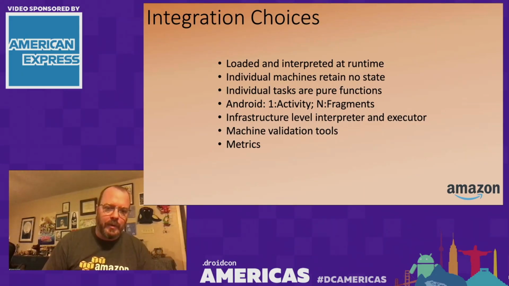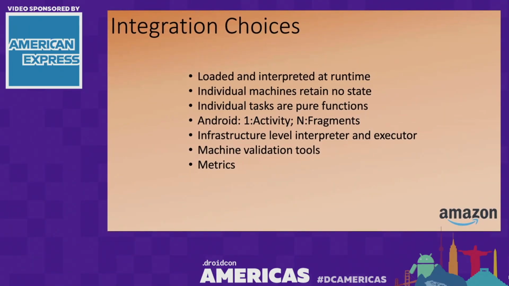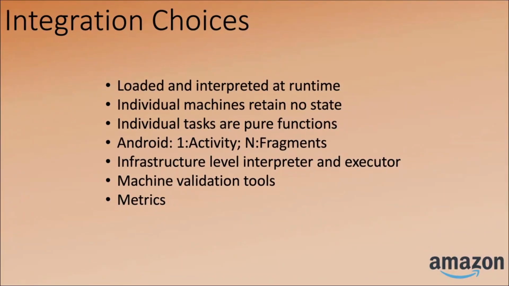And the last really cool thing about a choice we made early on is, Amazon is a data driven company. Every feature we release is wrapped in its own series of metrics that allow us to analyze its effectiveness, triage any issues, all that type of stuff. So what we've done here is within the state machine interpreter and executors, we've woven a subset of these metrics directly into those machines themselves.